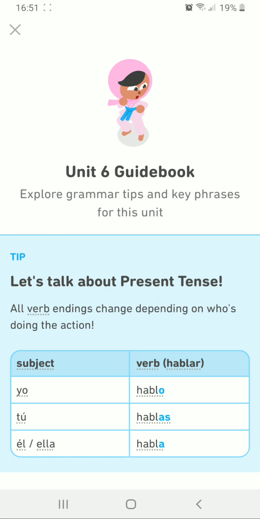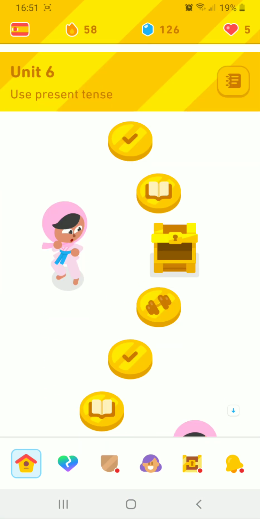So we have the endings for the different subject pronouns. We say that for this group of verbs with AR at the end, so hablar, we have o, as, and a. Okay, so let's continue.